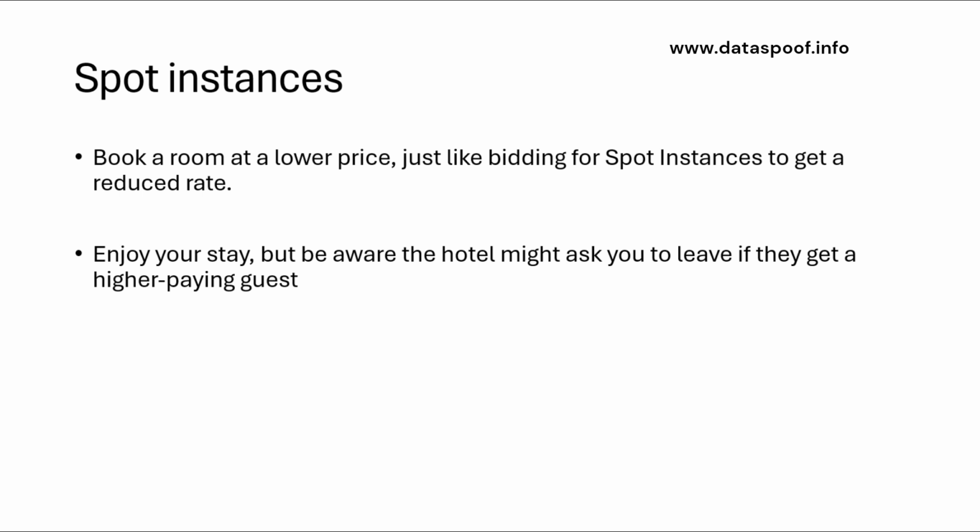You negotiate with the hotel manager stating that you can only pay 100 rupees due to the lack of other customers. The hotel manager agrees, allowing you to stay for 100 rupees with a condition that if any high-paying guest arrives, the manager may ask you to leave. So this is the scenario of spot instances. You can use them at a lower cost but may lose access if demand increases.